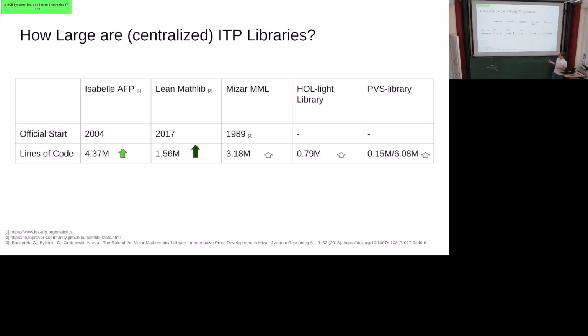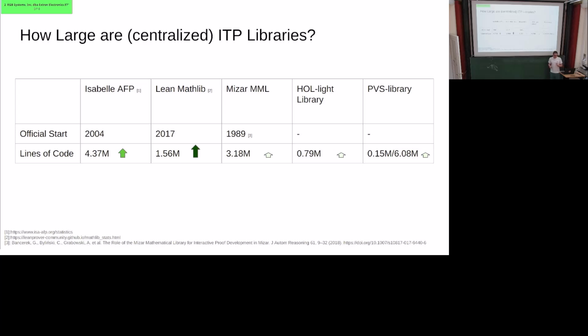And then when we look at the size and the growth of these libraries, by source size, actually the PVS library is the largest one. That is if you include the proofs, because in PVS the proofs are separate from the definitions, and also the proofs are sometimes generated with a Lisp-like notation where you often have one brace or one parenthesis per line.